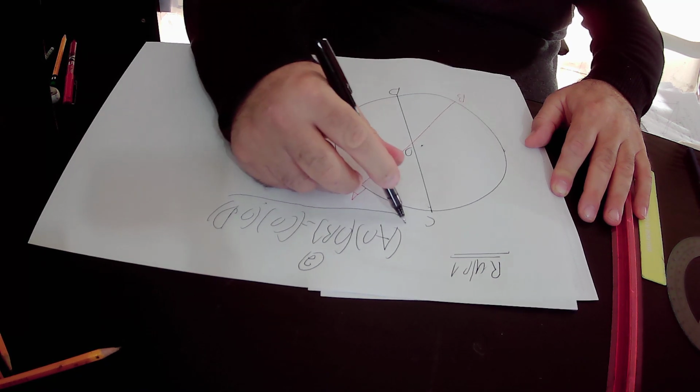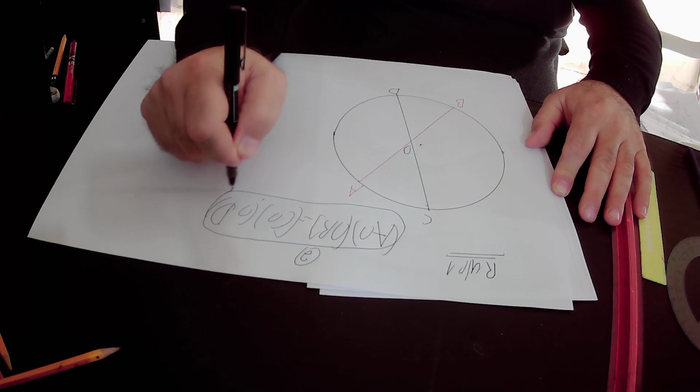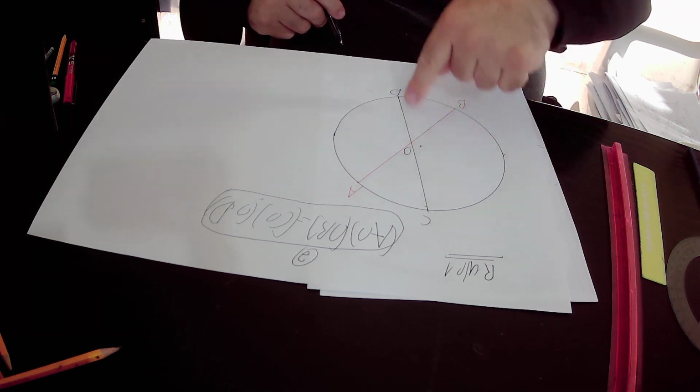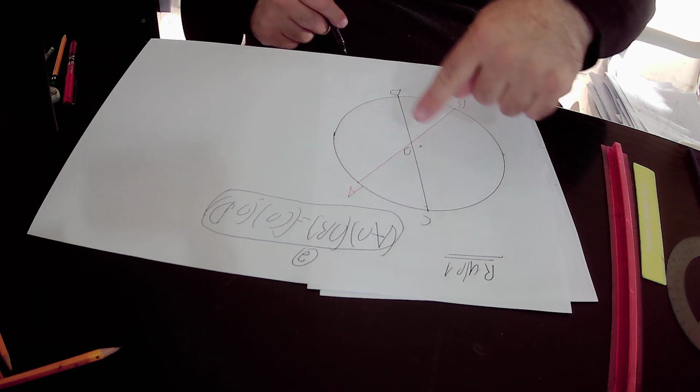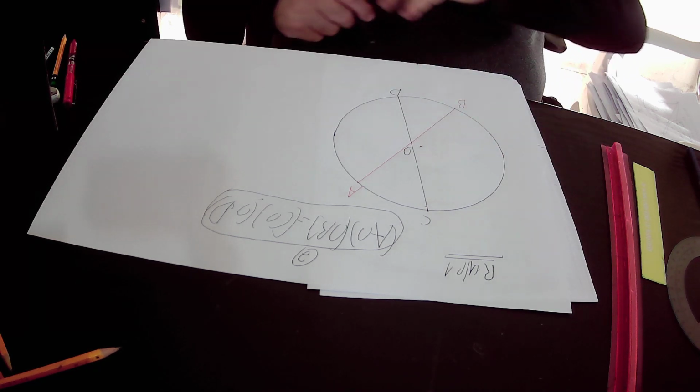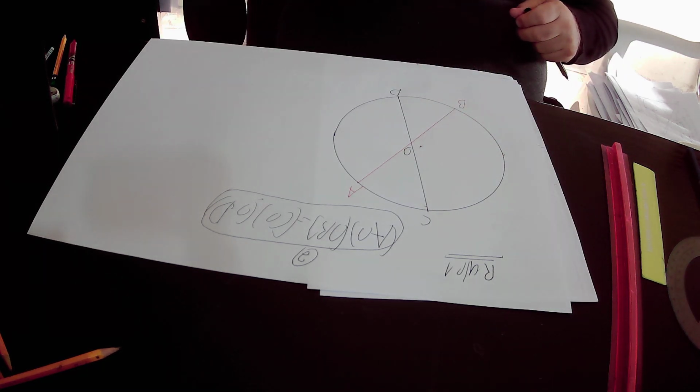I repeat again: if chord AB intersects with chord CD at point O, then AO times OB equals CO times OD. Okay?